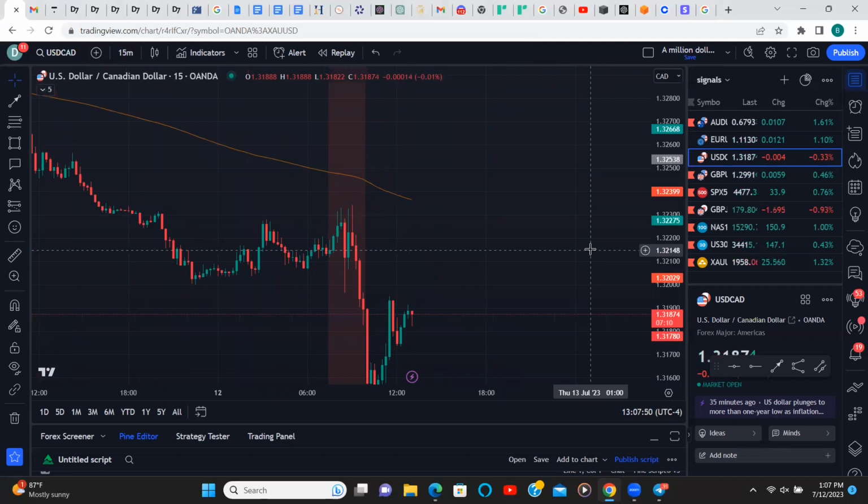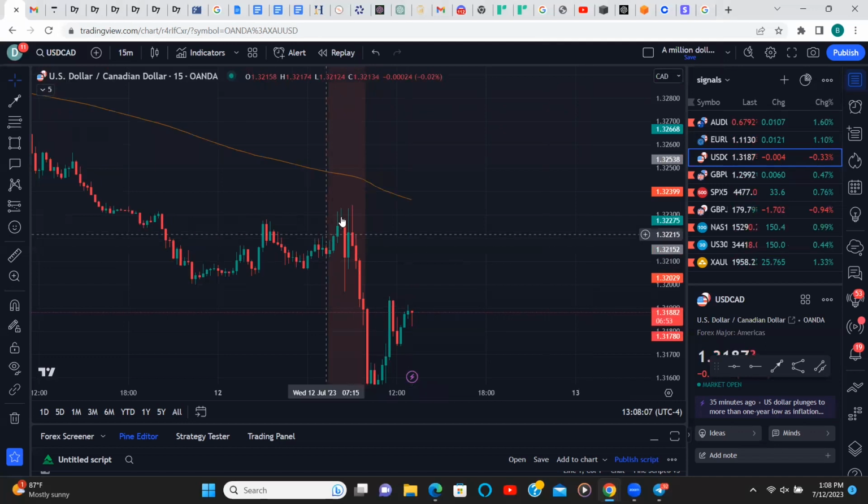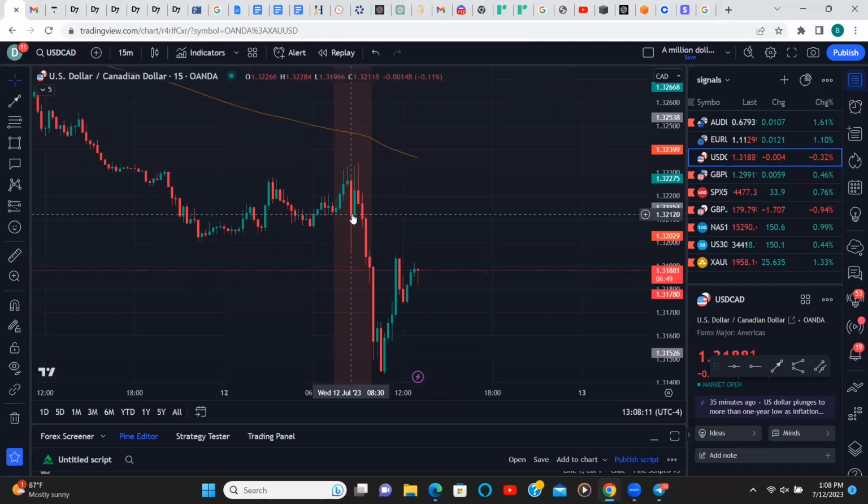What I mean by it cools down, it decreases. So anytime you have an inflation increase, look for buys if you're trading USD CAD. If you're looking, of course, at Euro USD and inflation is increasing, what are you doing? You're looking for sells. It's exactly what happened right here at 8:30 for good old USD CAD this morning.